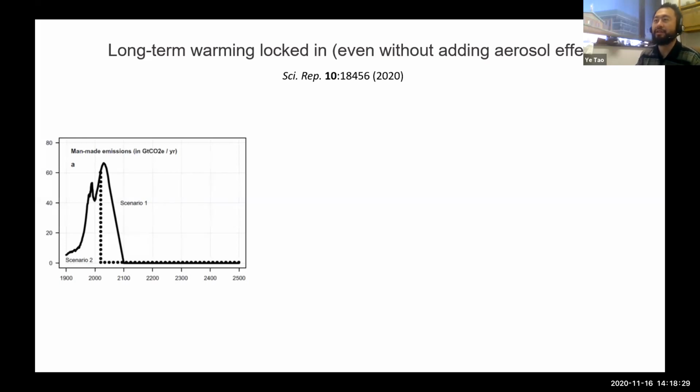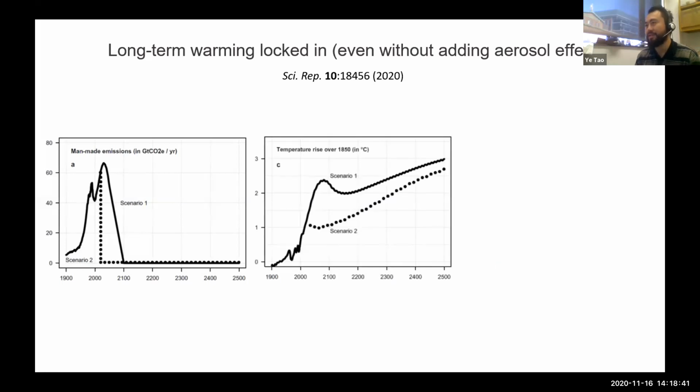So in two scenarios, one is we slowly ramp our emissions down over the course of the remainder of the century. The other is immediately stopping all emissions. So here is the temperature profile over the coming decades. Here again, in this model, they see an immediate decrease because they didn't include this aerosol effect. Just to look at the long-term feedback mechanisms.